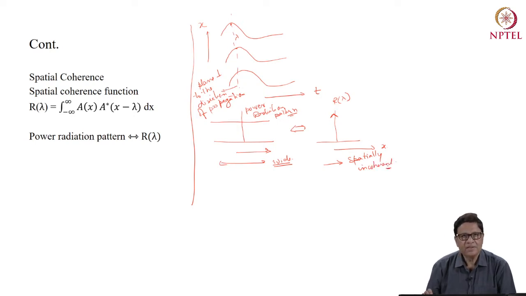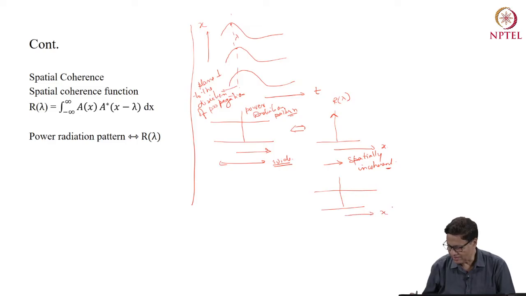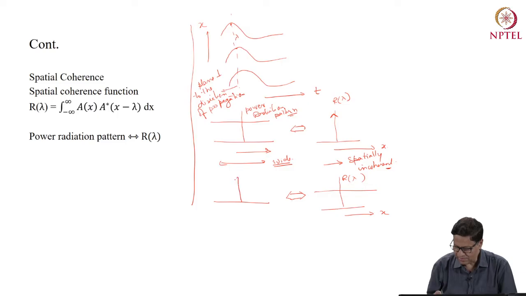Because in some cases we want the power to be directional, and we don't want the power spread in all directions. On the other side, if you have R(lambda) which is constant over all values of x, the Fourier transform of this gives an impulse kind of thing.